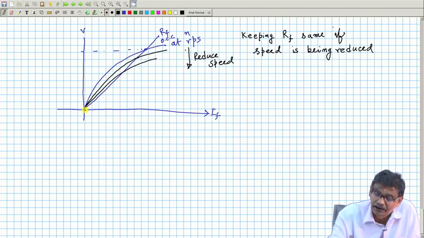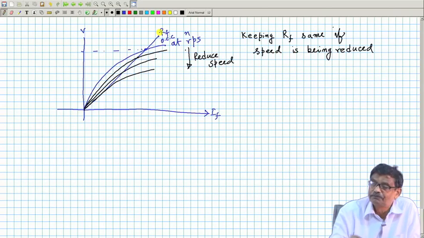So, a time will come, you will get an OCC which will be tangential to the present field resistance line.